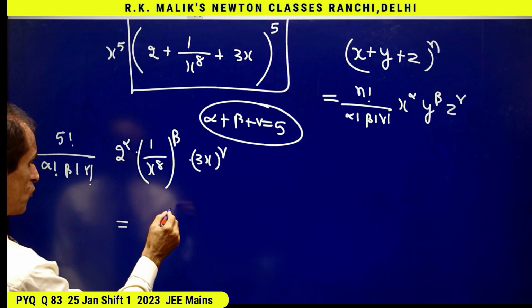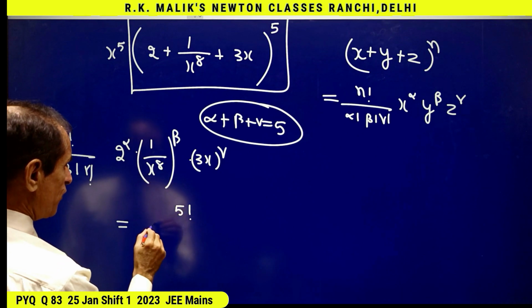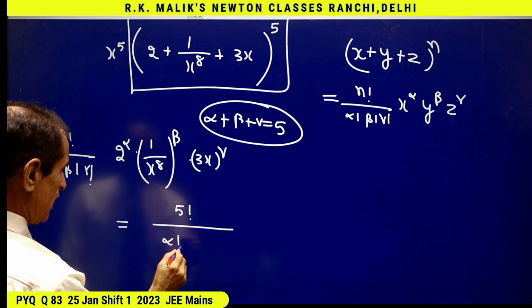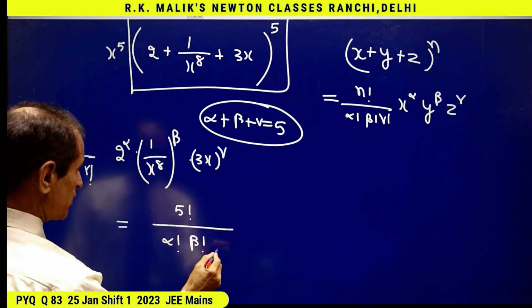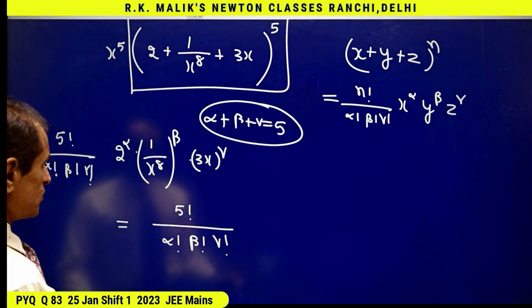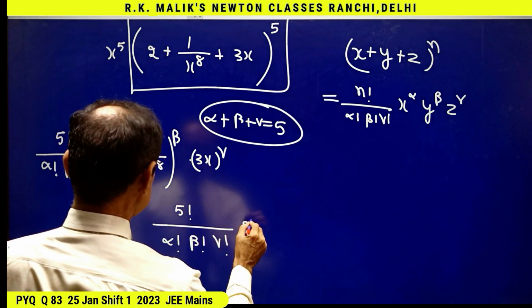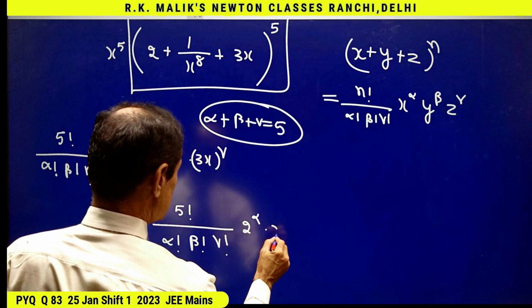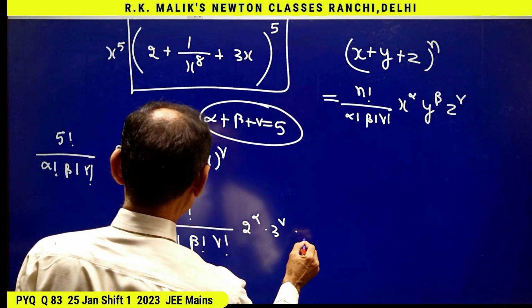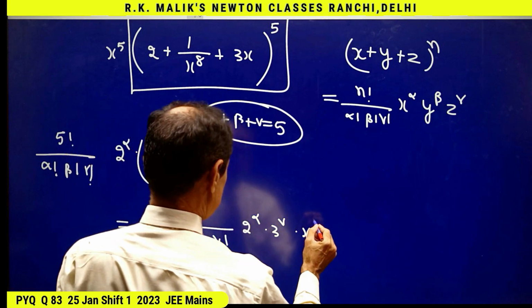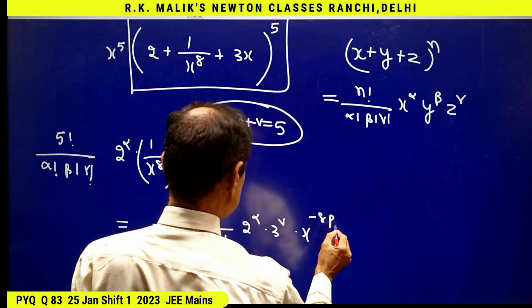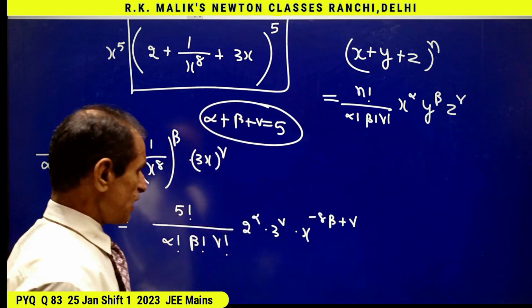This is equal to 5 factorial upon alpha factorial, beta factorial, gamma factorial, 2 to the power alpha, 3 to the power gamma into x to the power minus 8 beta plus gamma.